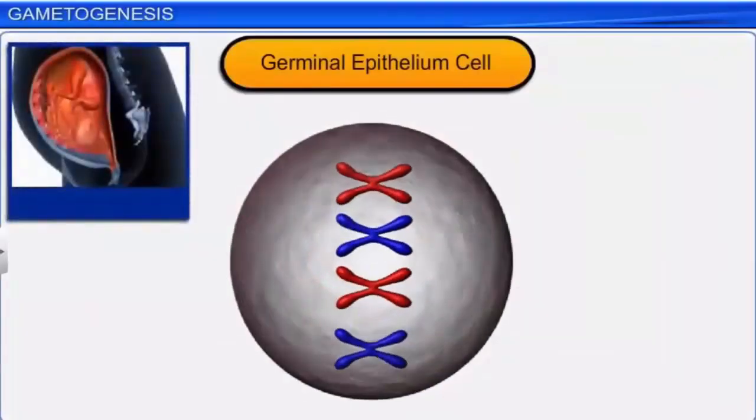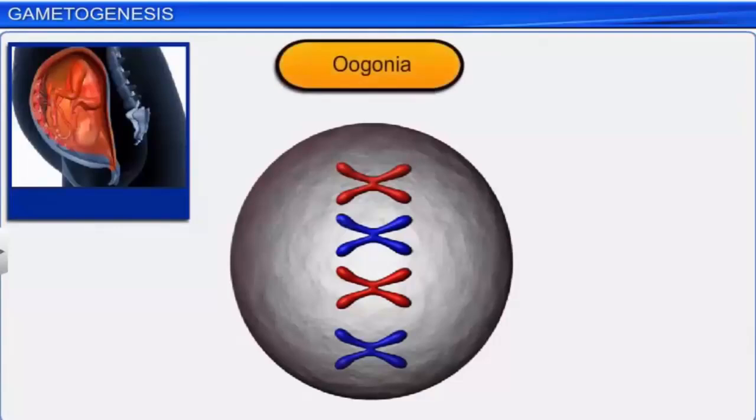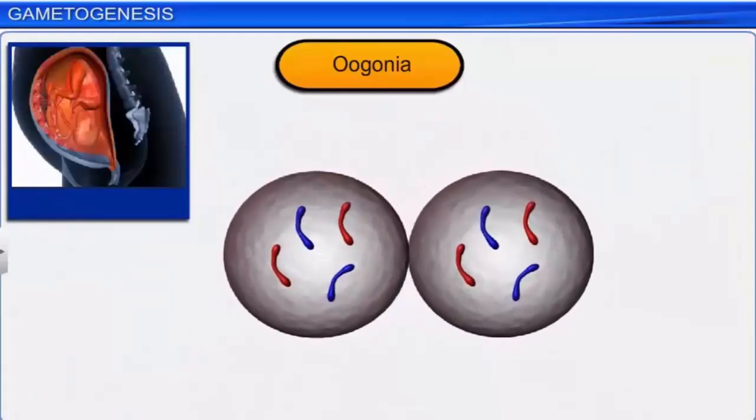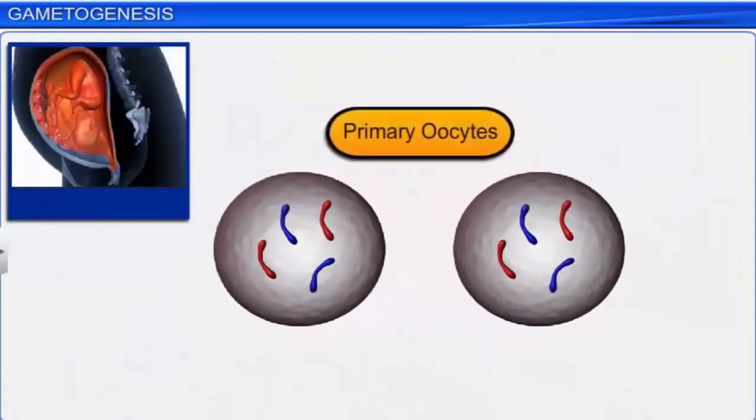Germinal epithelium cells in the ovary of the fetus divide mitotically to form gamete mother cells called oogonia. A few oogonia divide again to form two immature cells called primary oocytes.